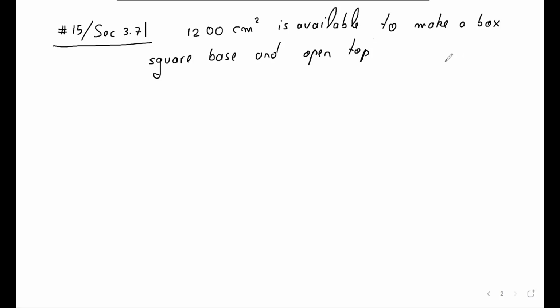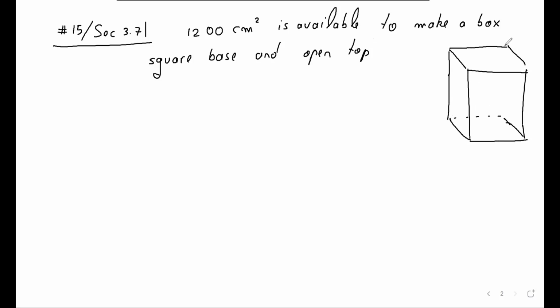All right, so let's see what the box looks like and where we are going from there. A rectangular box with a square base would look something like this. So this is my box.